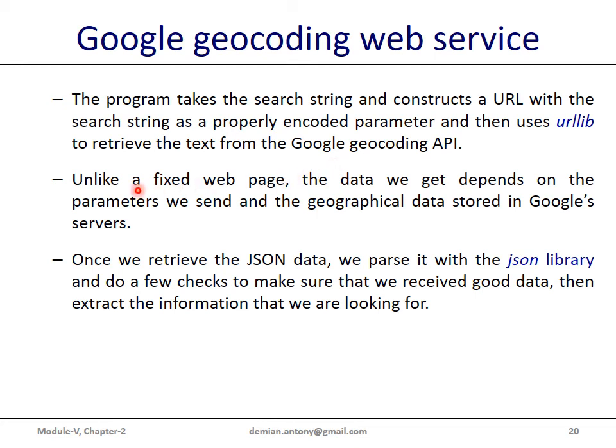Unlike a fixed web page, the data that we get is dependent on the search string, and the geographical data is stored in a Google server. We receive the relevant geographical information in the form of JSON from the web service, which is again dependent on the search string.